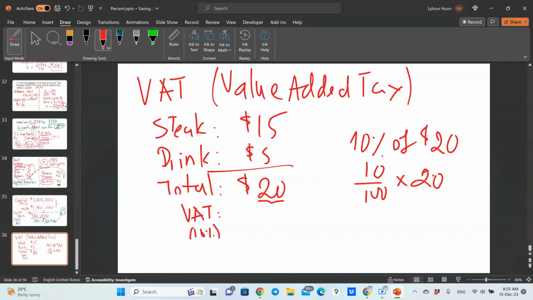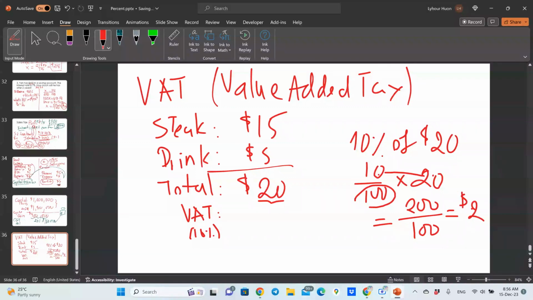10 times 20 is 200, over 100. So 200 divided by 100 is 2.